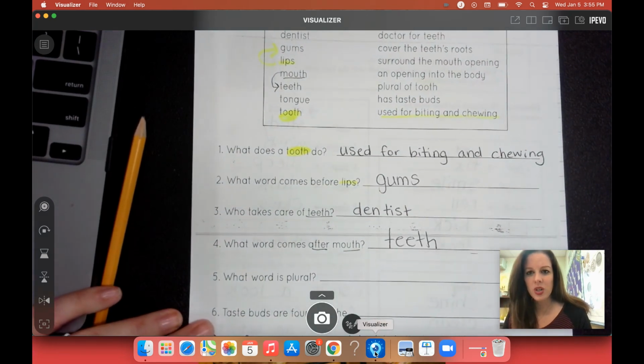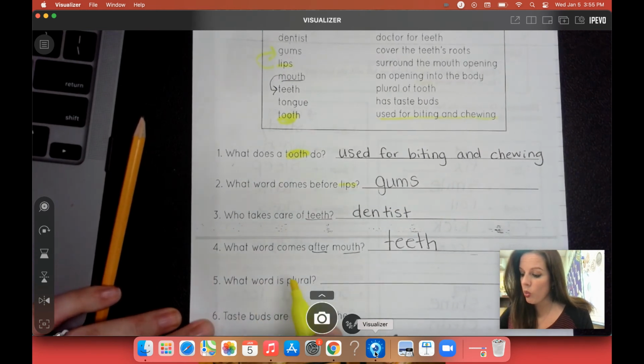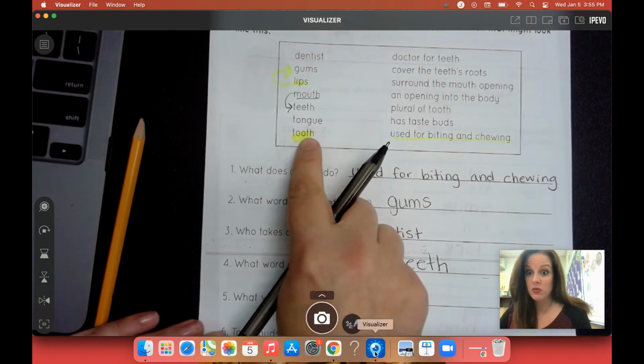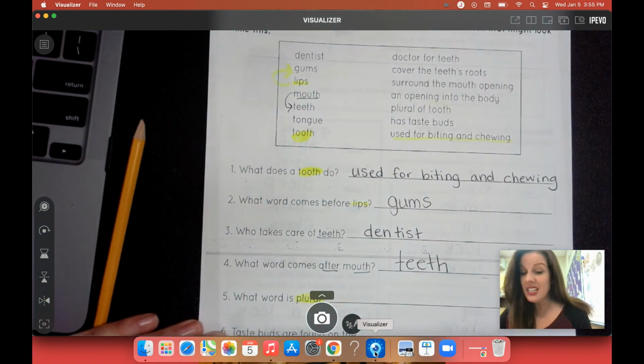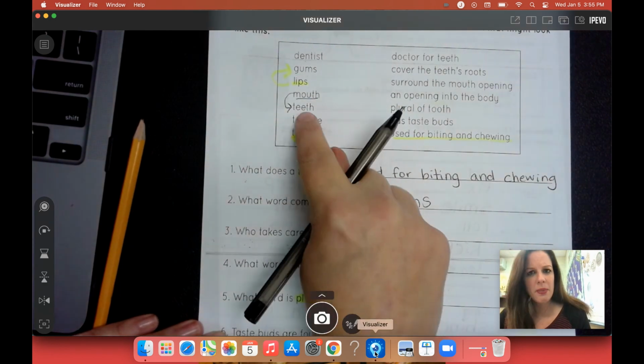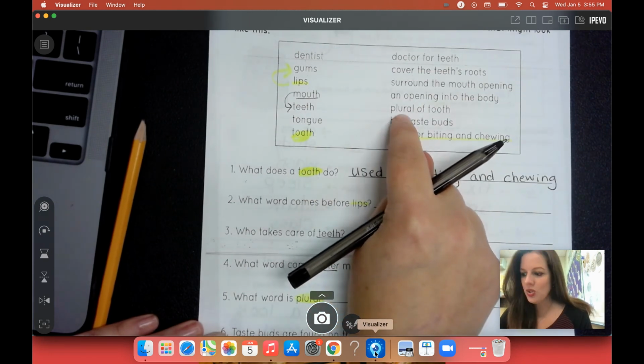What word is plural? Plural. Plural means more than one. So tooth is not plural. That's just talking about one tooth. Tongue is not plural, just the one. Teeth, is it talking about more than one? Oh, it is. Teeth is the plural of tooth.